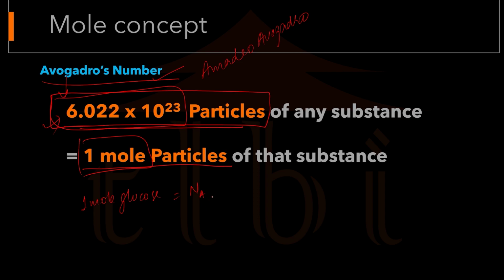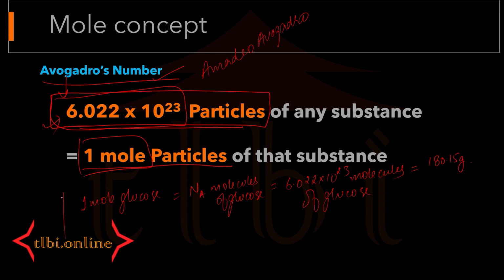If I say 1 mole of glucose, that means Na molecules of glucose, that means 6.022 into 10 to the power 23 molecules of glucose, and if you weigh all these molecules, it will weigh about 180.15 grams. That's the gist of this mole concept.